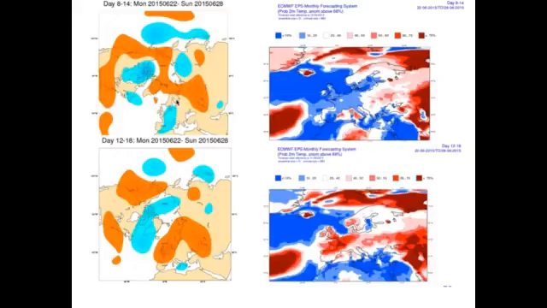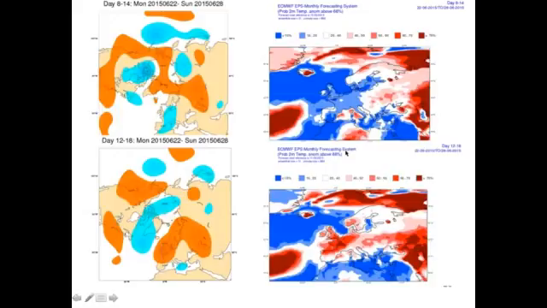These are the two most recent forecasts, and we can really see the sharp change in the forecast from positive anomalies at 500 millibars to this cyclonic pattern over Europe, and this is also reflected in the probability charts.